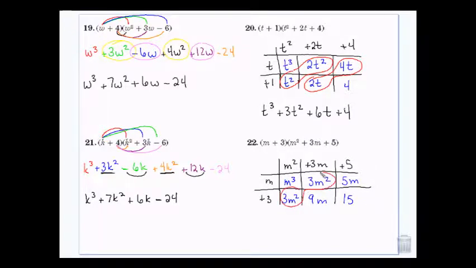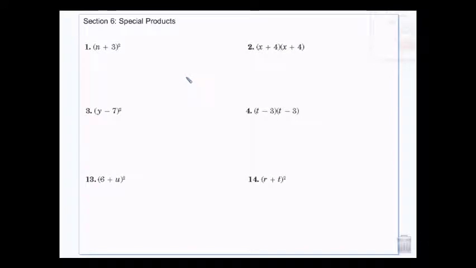Like terms are on the diagonals. So I have m cubed. 3 plus 3 is 6. 9 plus 5 is 14. And then there's 15.